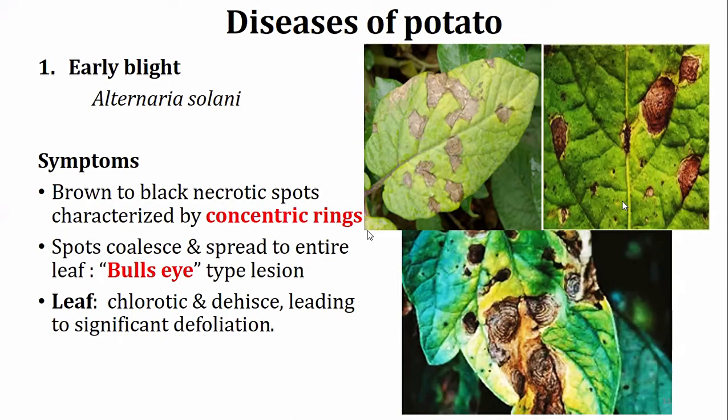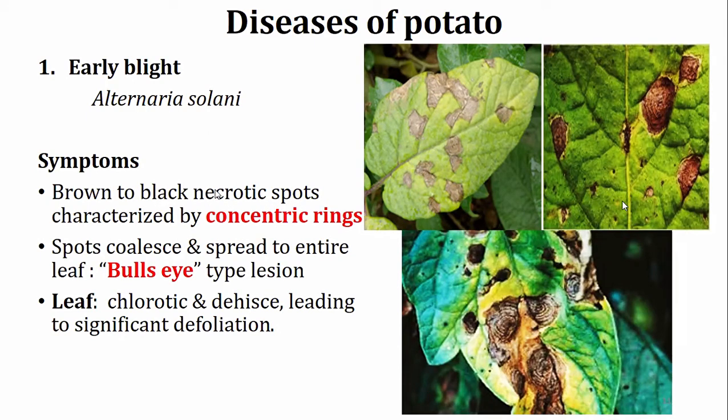Some symptoms are specific for this disease, because here you can see a concentric ring-like structure. Concentric rings mean that inside this damaged part you can see some ring-like structure.